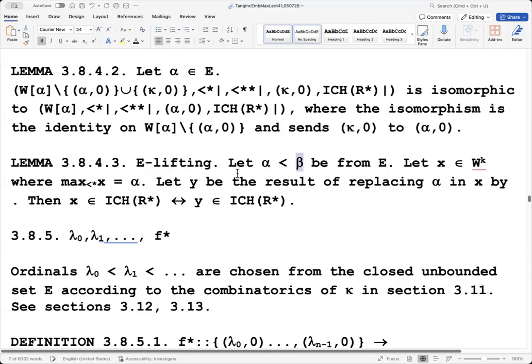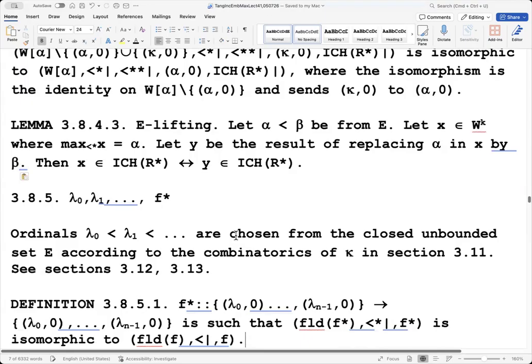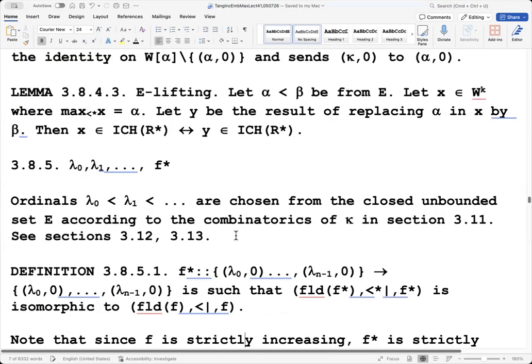Okay. Then the truth value has not changed. So that's called E-lifting. That's used a lot to keep the dimensions from growing too much.